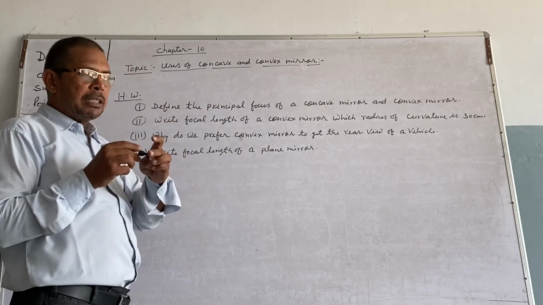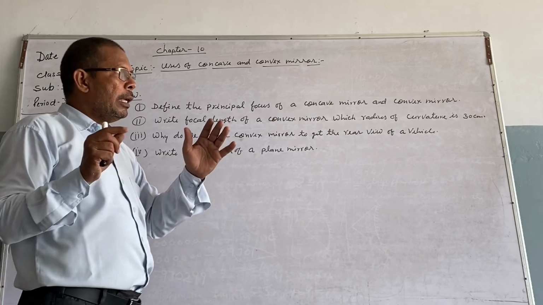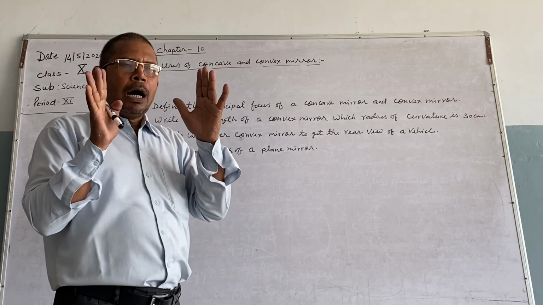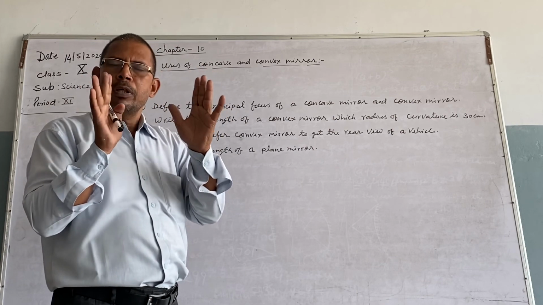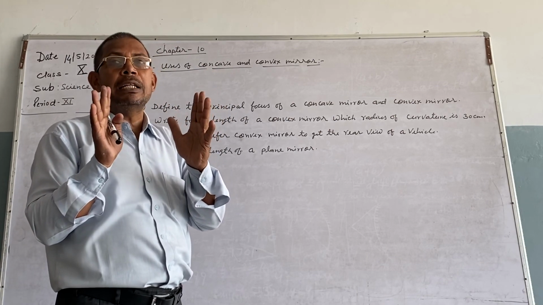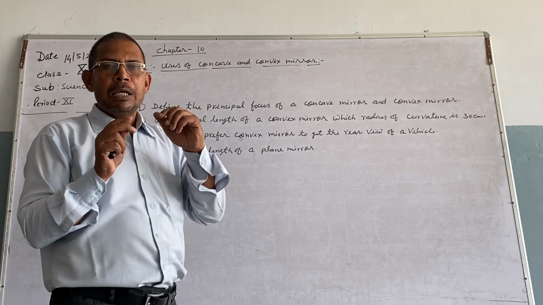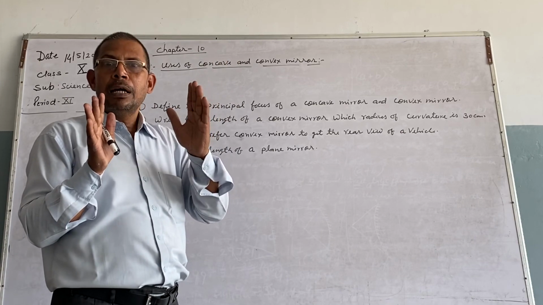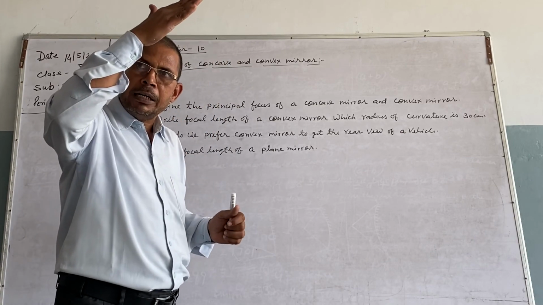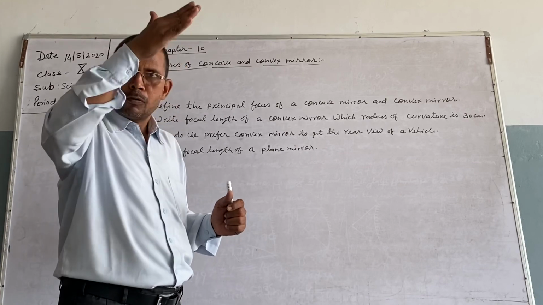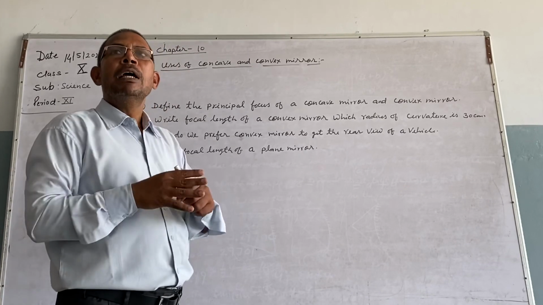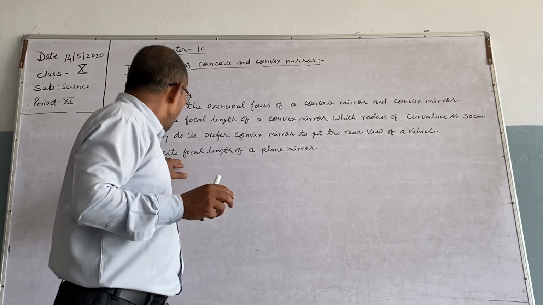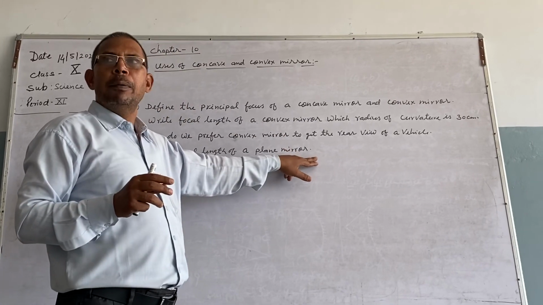A plane mirror is considered to be made of a hollow spherical glass of infinite radius, right? If we take a hollow spherical glass of infinite radius and if we cut its one part or a particular part, we get a plane mirror. Therefore, what will happen? The focal length of a plane mirror you have to write here.